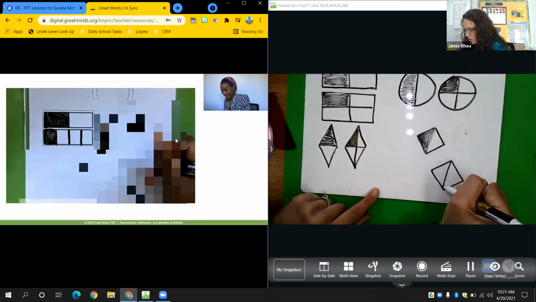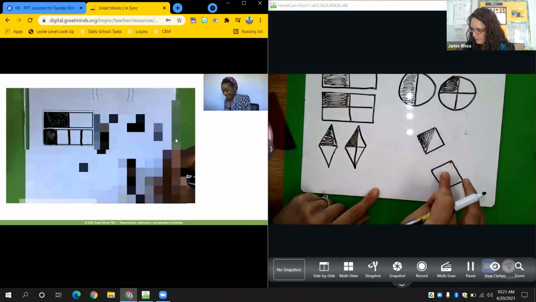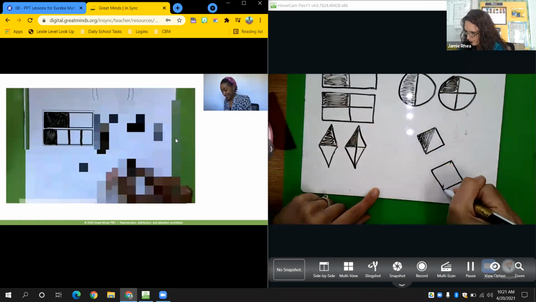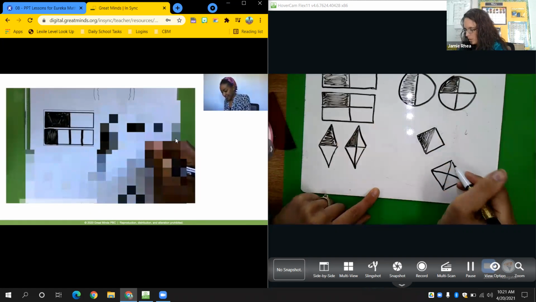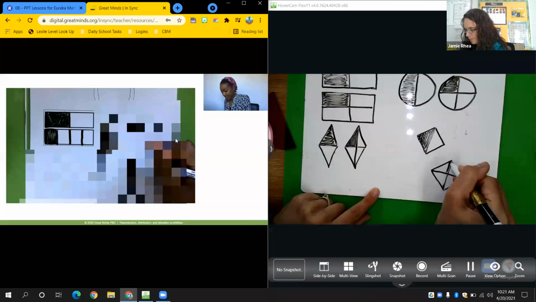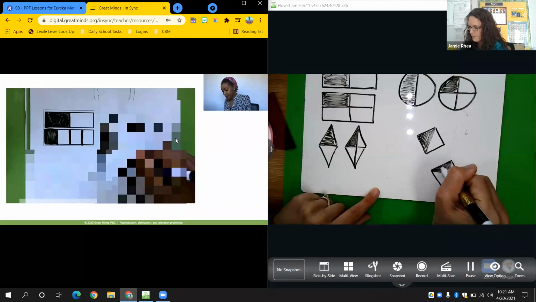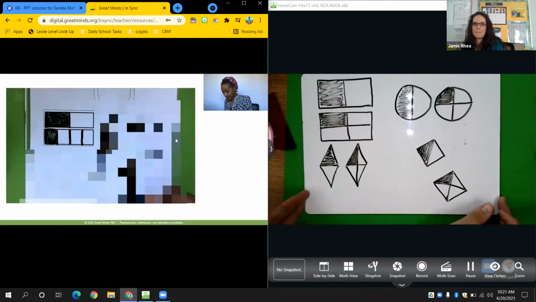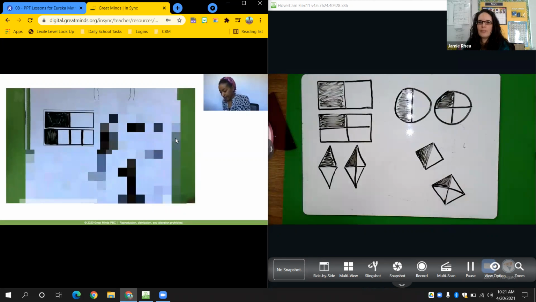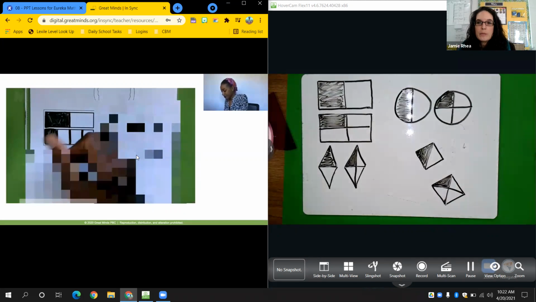And then quarters. Whoops. And you're only going to color in 1. All right, let's see if we did that the right way. If you need more time, you can always pause.